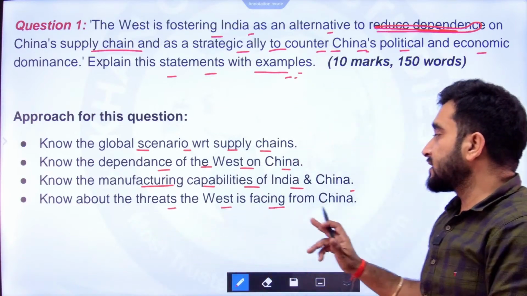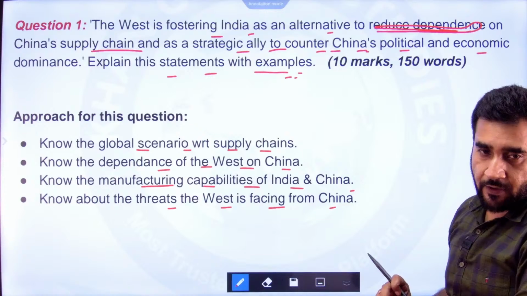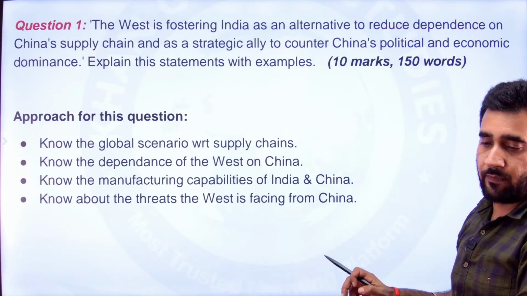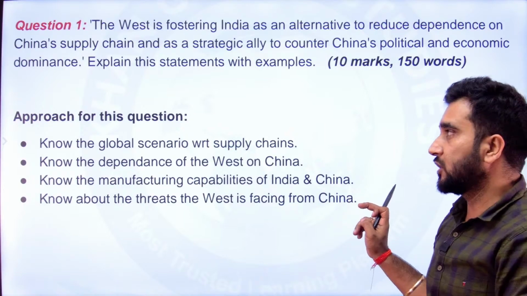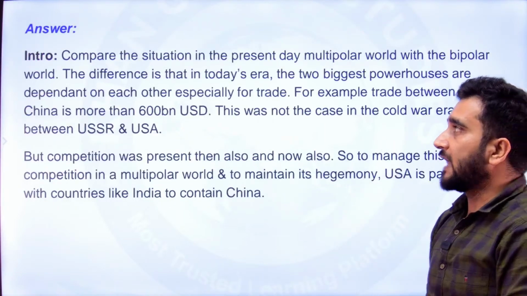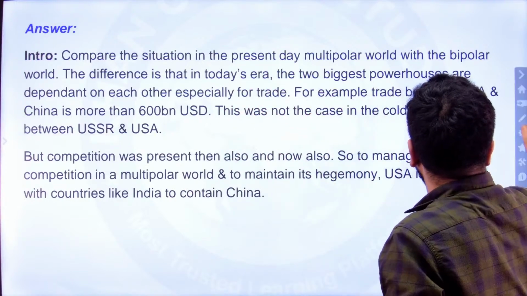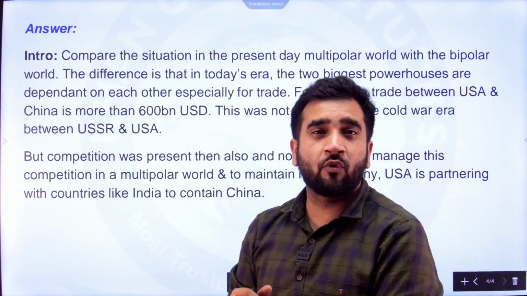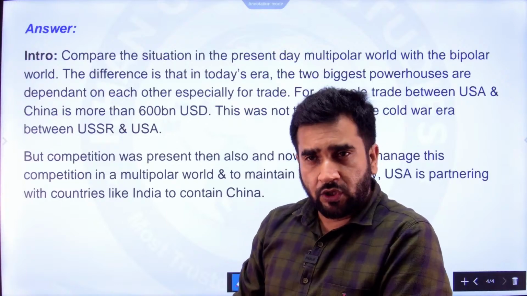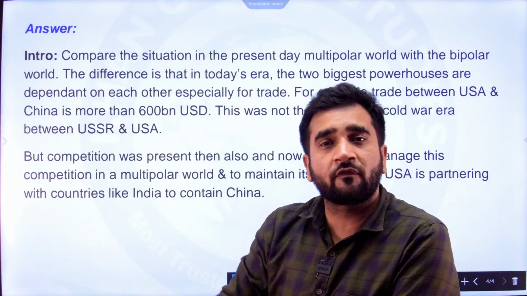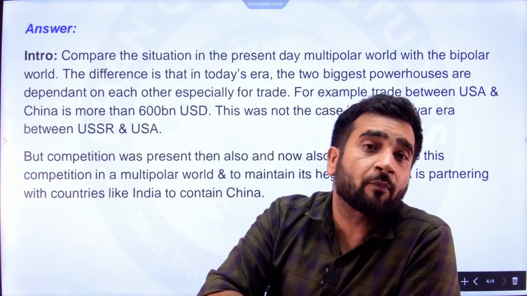Know about the threats the West is facing from China. All these things we should know, and then we should be able to frame a better answer to this question. We need to compare the situation. Introduction, in which you can begin your answer in a very impactful manner. You can give a comparative analysis of the present day scenario where the West is dependent upon China.